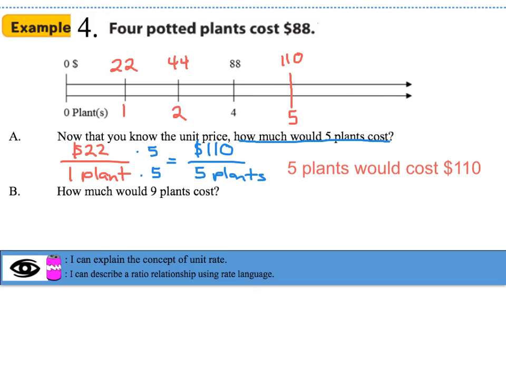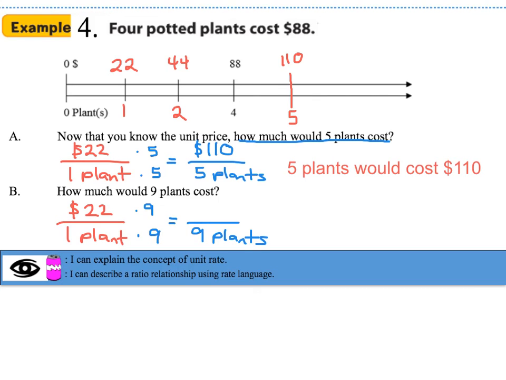Now for the next part, it says how much would 9 plants cost? If I still use that same unit rate, which is $22 on the top for 1 plant on the bottom, I can multiply the top and the bottom by 9. So if I multiply the bottom by 9, I would get 9 plants.